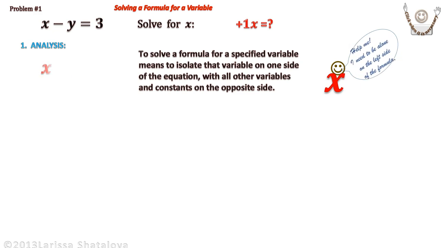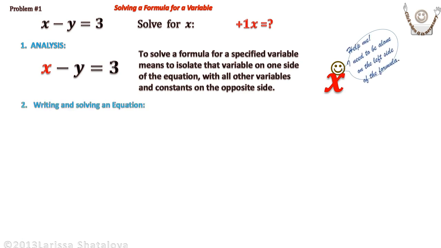I copy this equation again, or formula, and now x is in red. So now I know that x is supposed to be by itself. Now we are ready for step number 2, writing and solving an equation or formula.